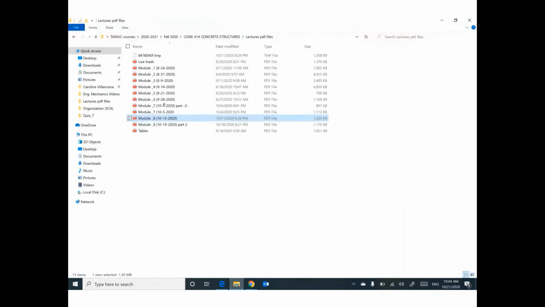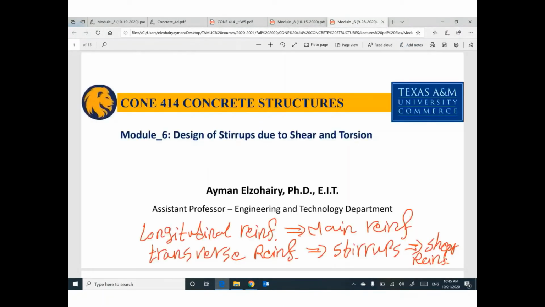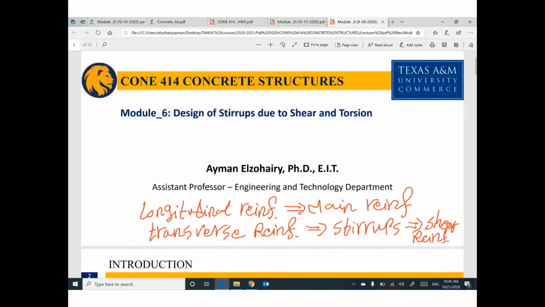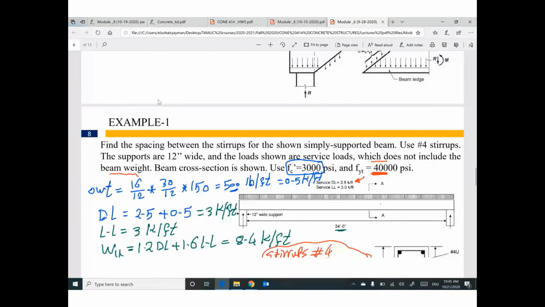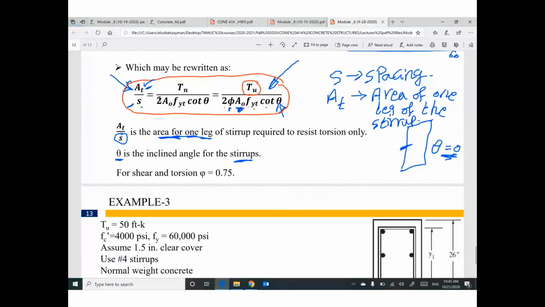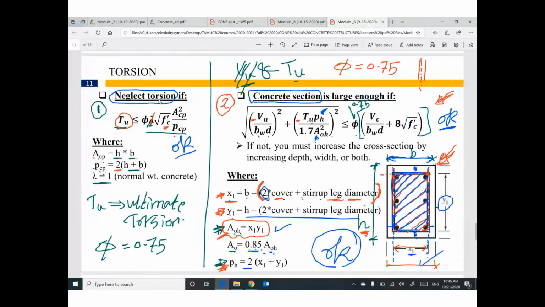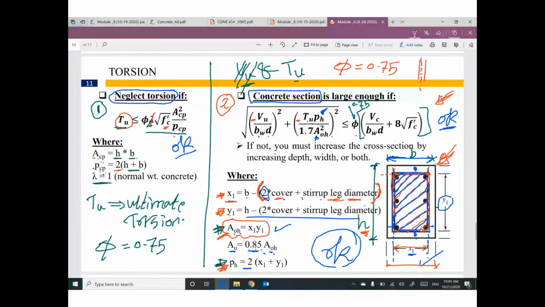I think it should be this one. Torsion. Here you go. This is a value. Square root. Some of you forget this square.